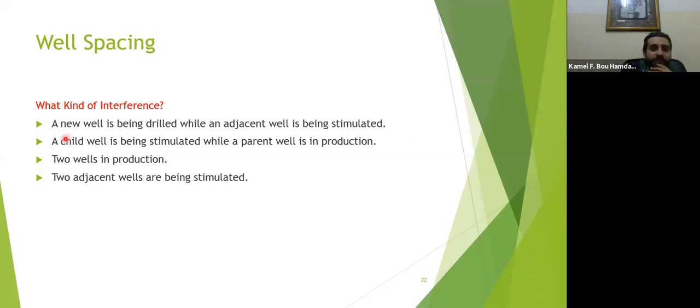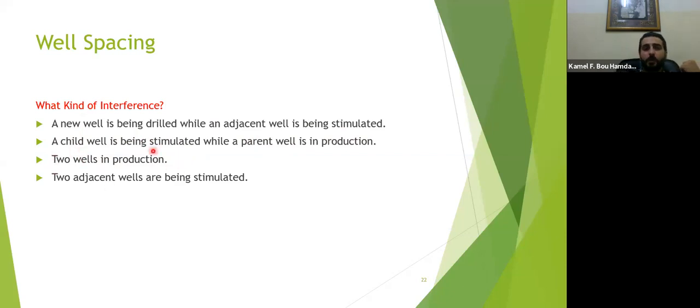You might have a child well which is being stimulated while a parent well is in production. By child well, I mean a new well, and the parent well is an old stimulated well which is now put into production. If we have this case, you might also have some problems. The child well might affect the parent well which is in production.